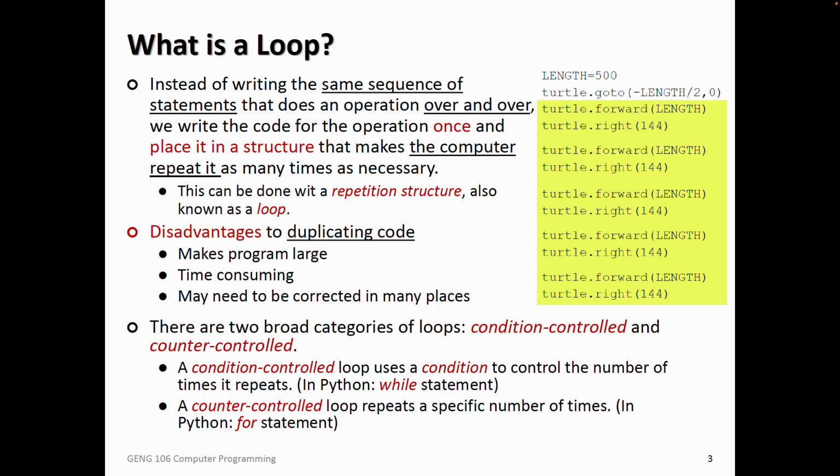And for these loop structures, we will have these 2 cases: condition controlled and counter controlled. So what is this? Let's say I'm trying to build a robot. It will move around and so on.